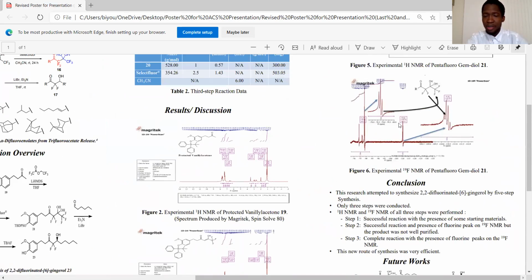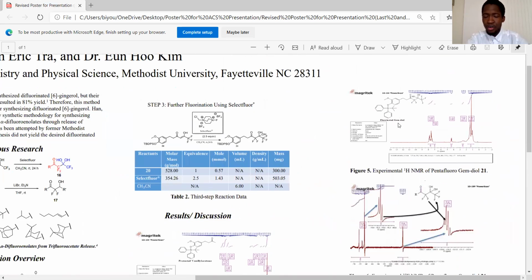And coming back to the spectrum of the product of my third step. This one is a little bit special because this NMR spectrum is messy. It was not the spectrum that we were really expecting.